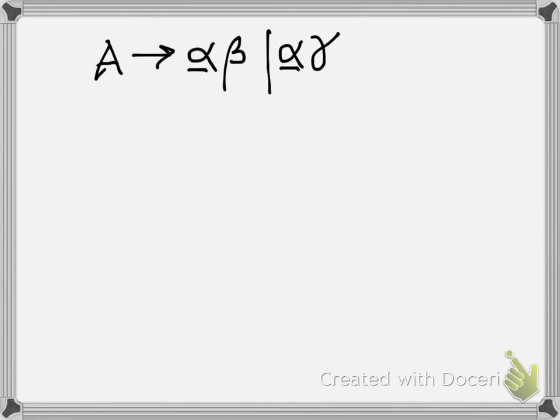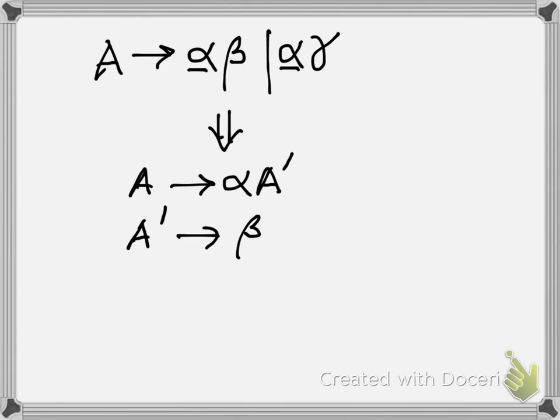In such a situation, we need to remove this common factor, that is alpha, and rewrite this production rule in a different way. We will rewrite it like this: A derives alpha A dash. So we have taken out the common factor, and for A dash, I may either have beta or gamma.